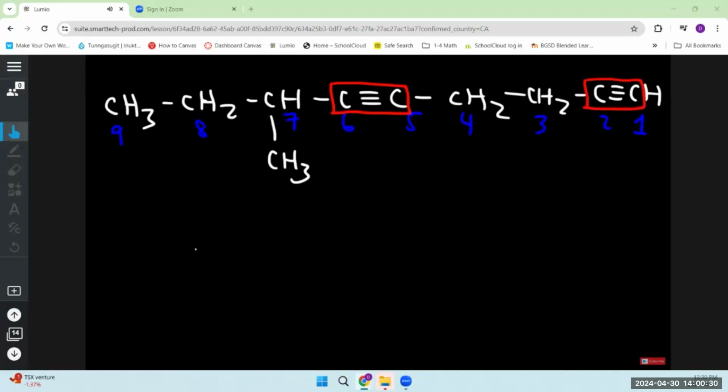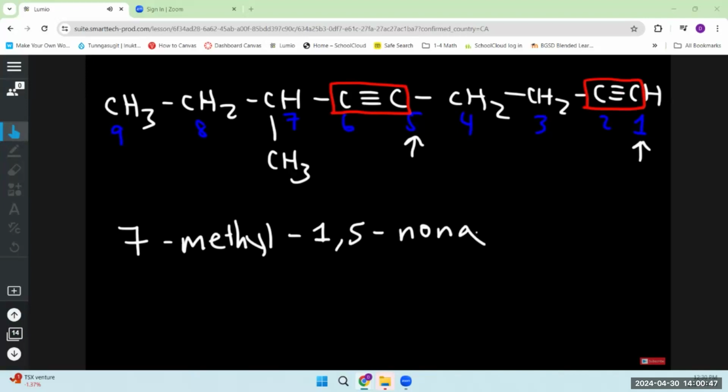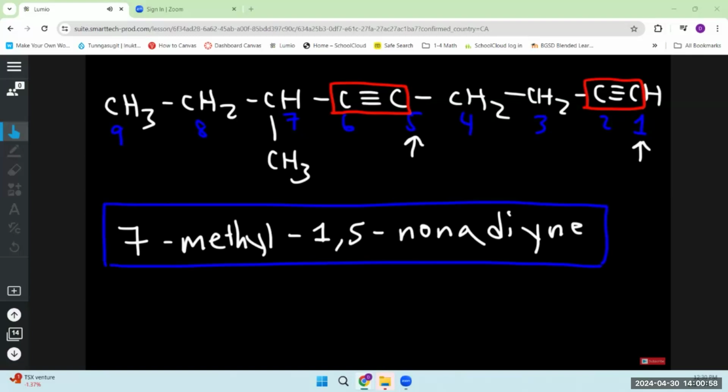We have a methyl group on carbon 7, so it's 7-methyl, and then we have a triple bond at carbon 1 and 5, so it's going to be 1,5-nonadiyne, because we have 2 triple bond functional groups. And so this is how we could name this particular molecule.